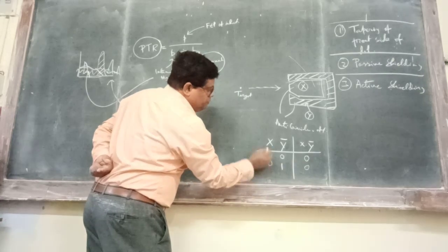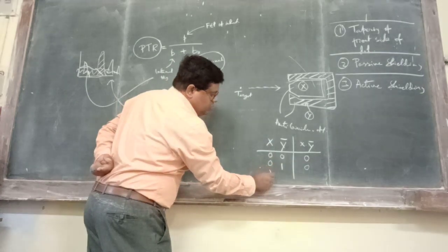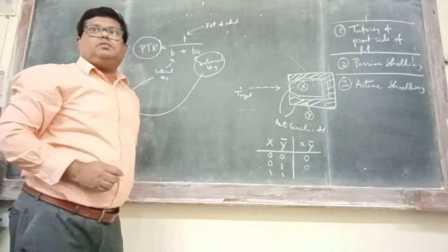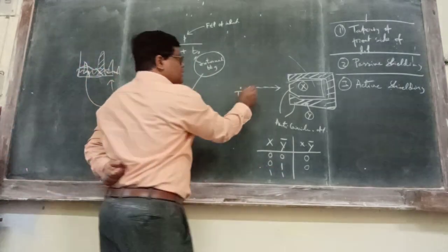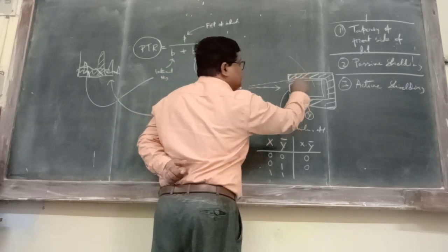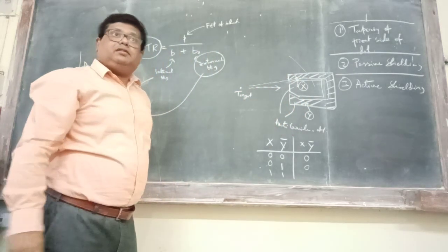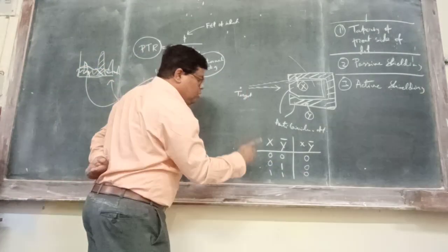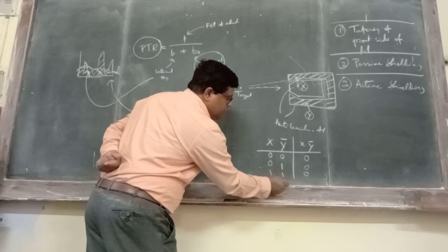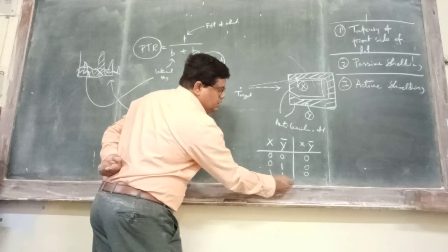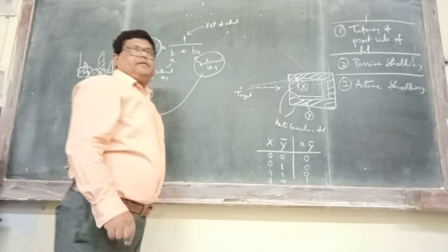Next case, suppose I am seeing a signal over here, and again a signal over here. What does this mean? 0. This means the gamma ray has somehow entered the shield and then scattered back to the detector. This is also possible, but again the output will be 0. And the output will be 1 only when we have this case: a signal over here but no signal from the shield.